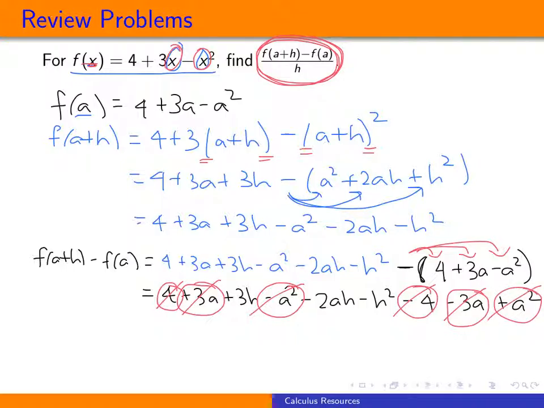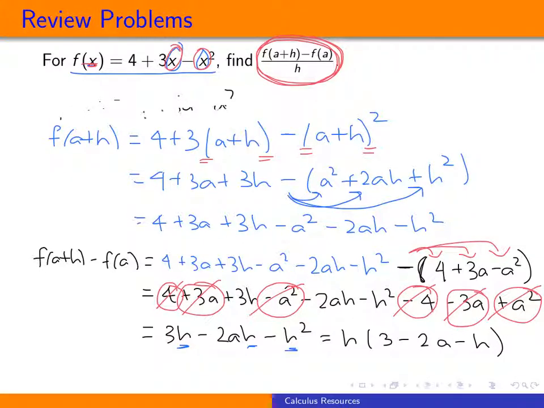So the expression here that I have is 3h minus 2ah minus h squared. Now to further simplify this, I see that all of these terms have an h in them. So let's factor it out. Once we factor it out, we are left with h times 3 minus 2a minus h. So there's the numerator for the difference quotient.